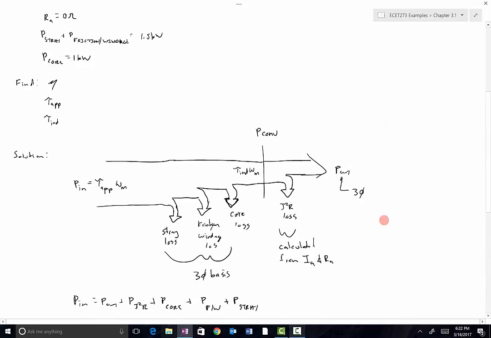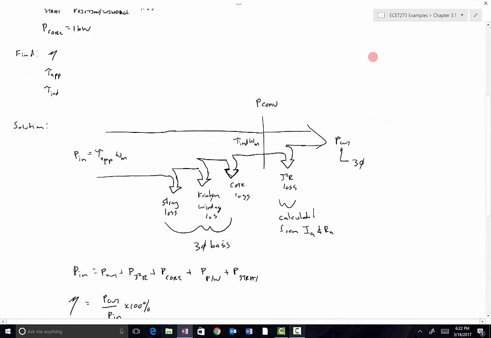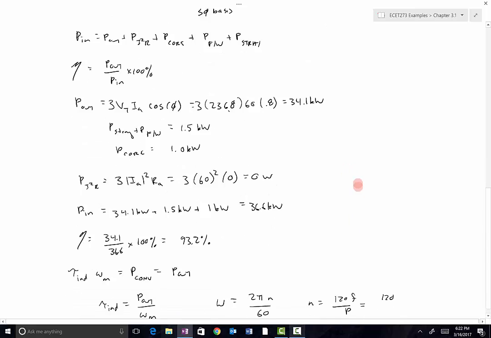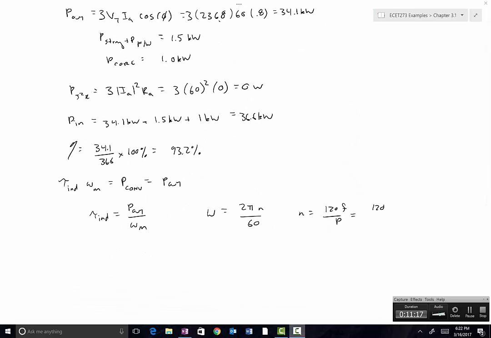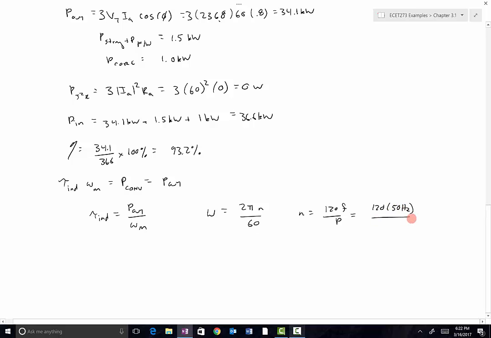I don't have it written down, so I'm going to pause the video for a second and check that frequency. Yes, this was a 50 hertz system. So 50 hertz goes in there, and the number of poles on the generator was 6. That means this is a 1000 RPM generator, and the angular frequency is therefore 104.7 radians per second.